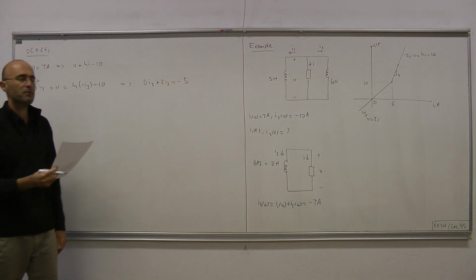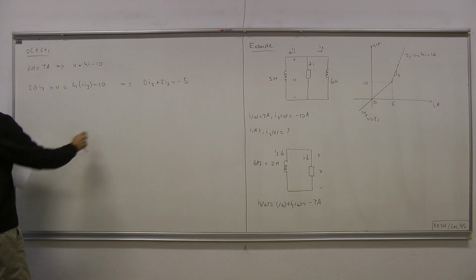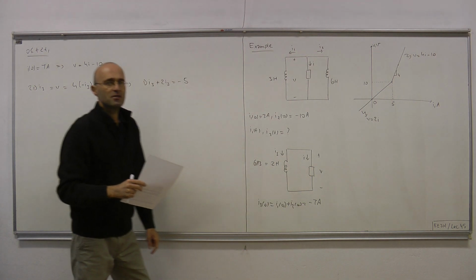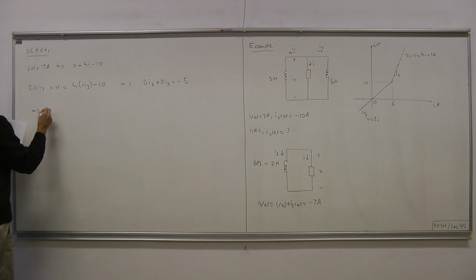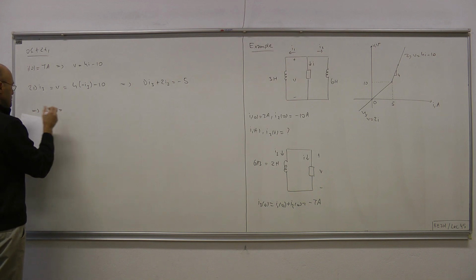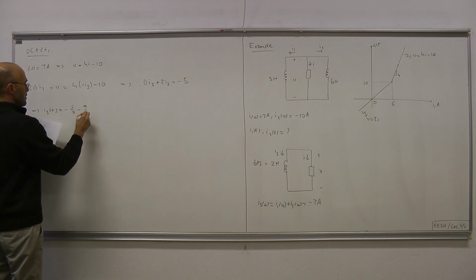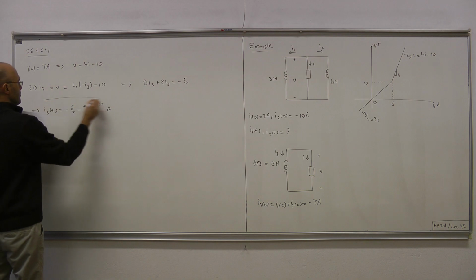This is a first order non-homogeneous differential equation with constant right hand side. We know the initial condition I3(0) is -7. Therefore we can immediately write I3(t) equals minus 5/2 minus 9/2 e to the minus 2t amps.